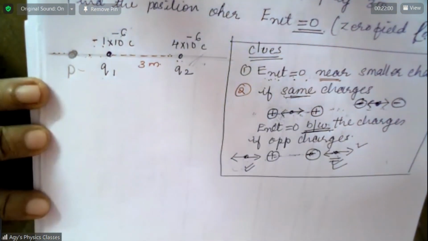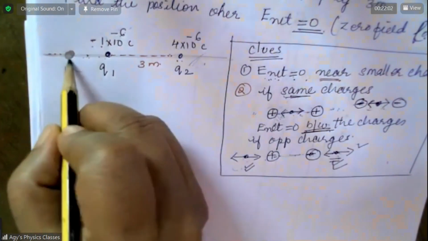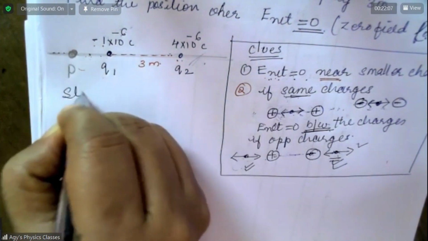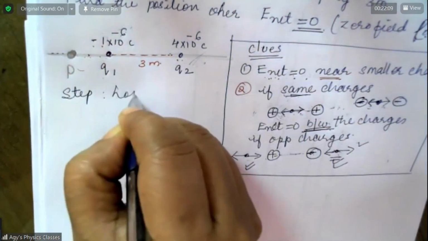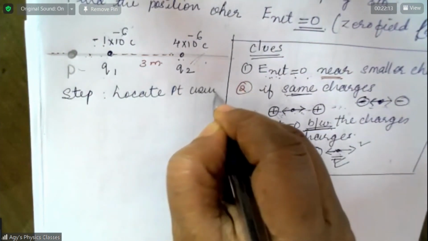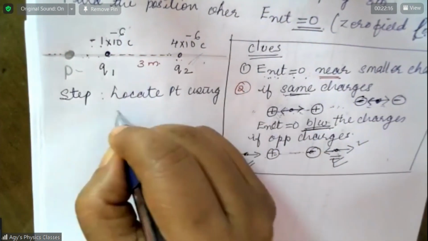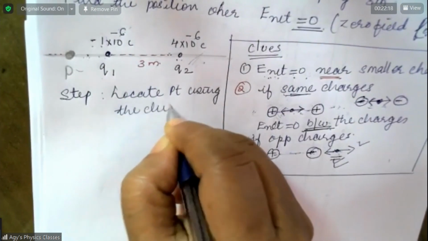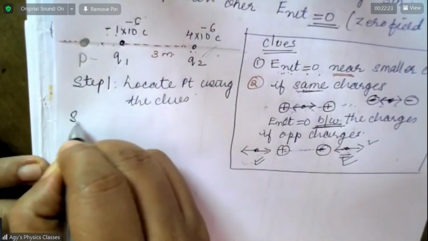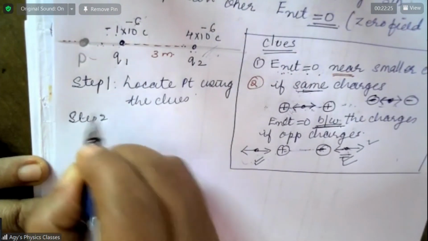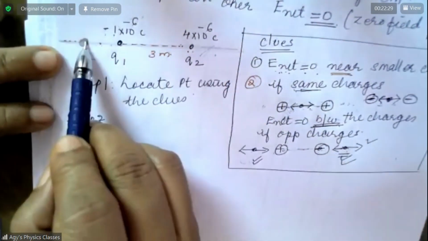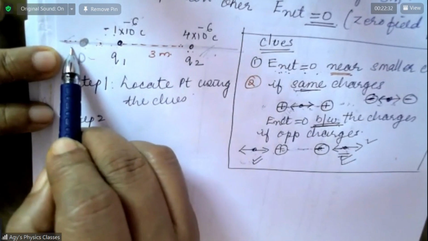Okay. Now what you have to do? This is the first thing. Step one is locate the point using the clues. This is step one. Step two. So electric field will be zero if E1 is equal to E2.